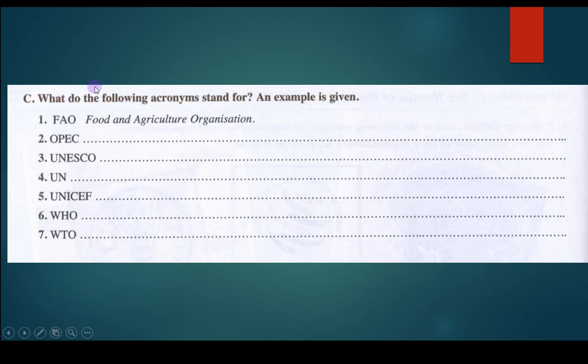Now in C we have some acronyms or abbreviations. عندنا هنايا في السي يعني بعض الحروف المختصرة لواحد المجموعة ديال المنظمات. Let's see or decide what do they refer to or stand for. أجي نشوفو شنو كاينين.